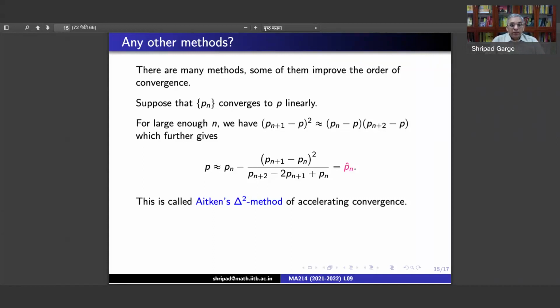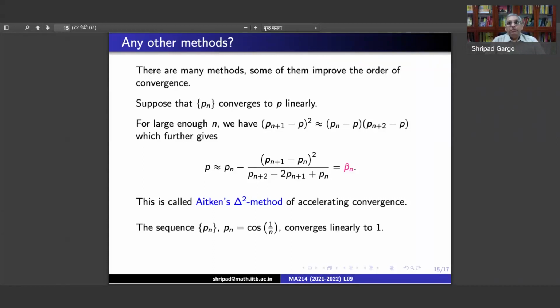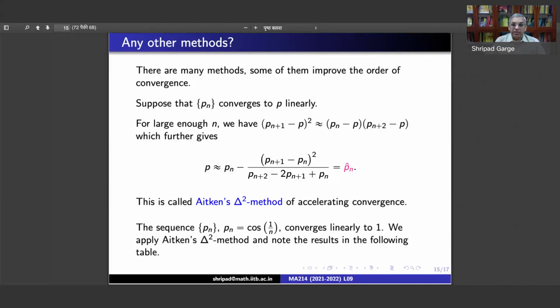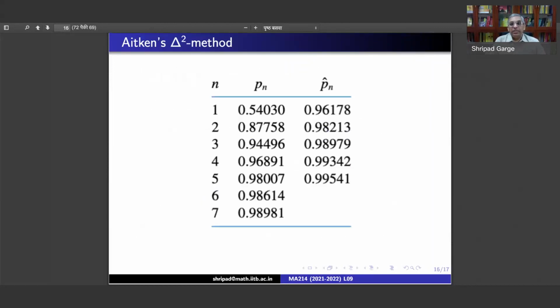So we consider the sequence Pn equals cos 1 upon n. As n goes to infinity, 1 upon n goes to 0, but cos 1 upon n goes to 1 very slowly. It's a linear convergence, and we apply Aitken's delta square method to this and note the results in the following table. We see immediately that from P hat 1 we are getting very close to 1.